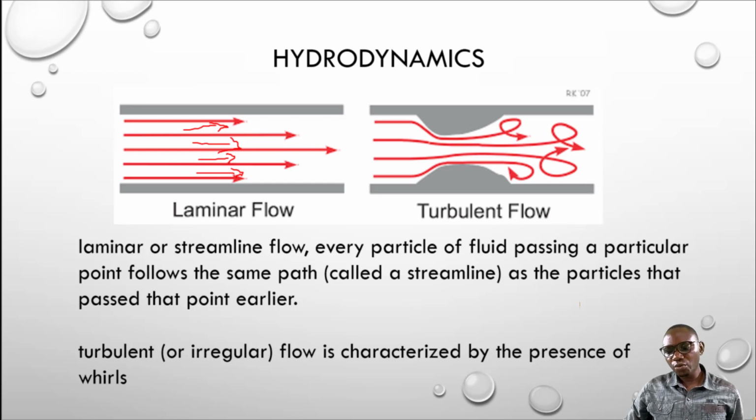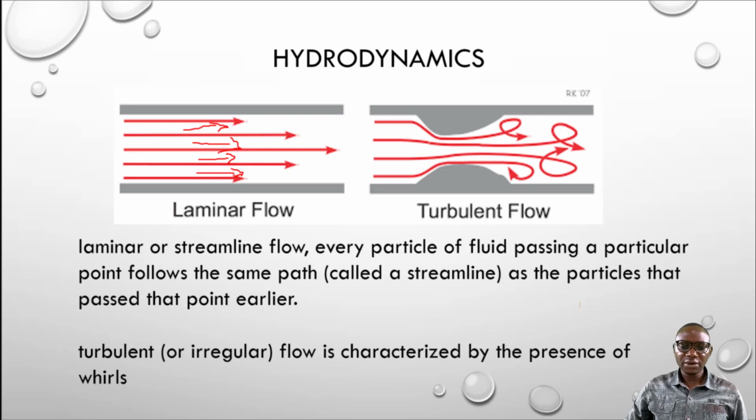So turbulence usually occurs at high speed and when there are obstructions or sharp bends in the path of the fluid.